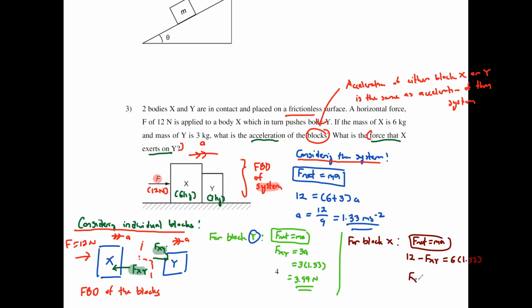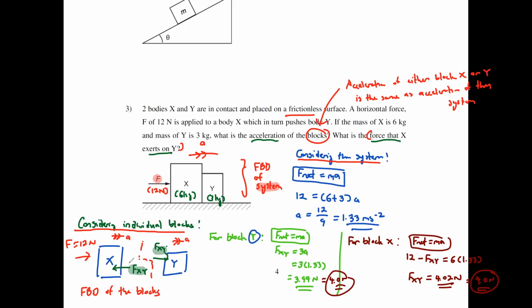So Fxy would thus be 12 minus 6 times 1.33, giving you 4.02 Newton. Now this one, if you round it to 2 SF, is 4.0 Newton, and the other one, rounded to 2 SF, is also 4.0 Newton. So they're actually the same. At 3 SF the answers seem slightly different, but at 2 SF the answers are exactly the same.